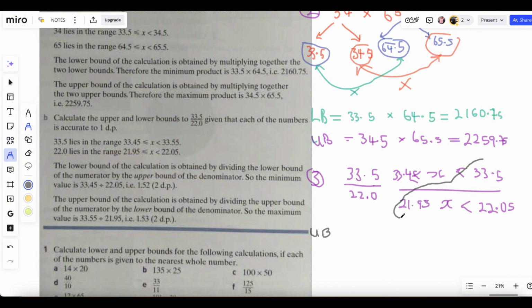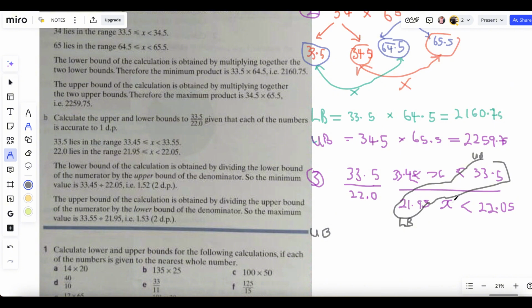We're going to divide 33.5, we're going to divide it by 21. So you are dividing the upper bound of the numerator by the lower bound of the denominator. Please pay attention. This is the difference between division and multiplication. Multiplication is lower times lower and upper times upper.